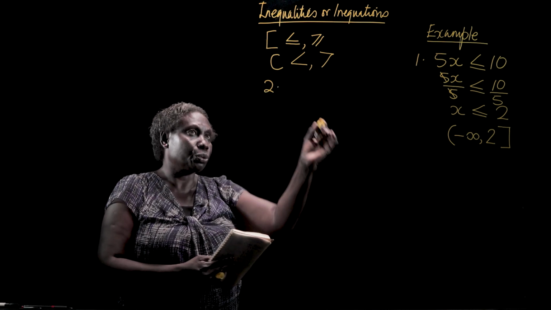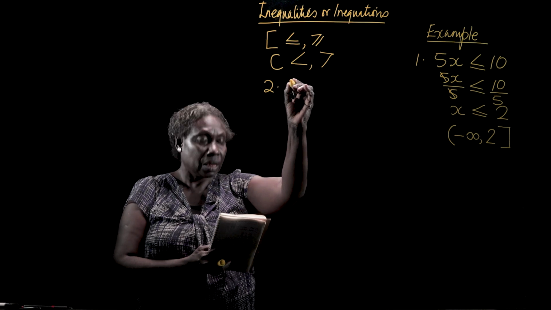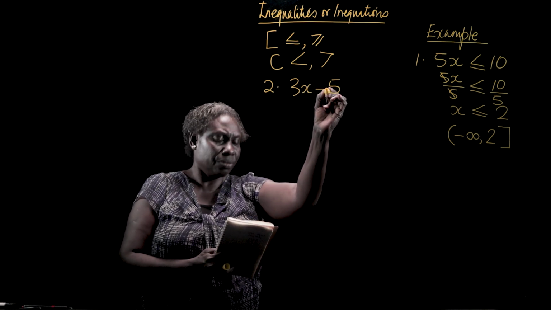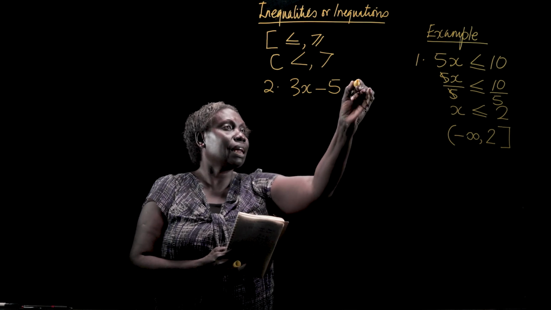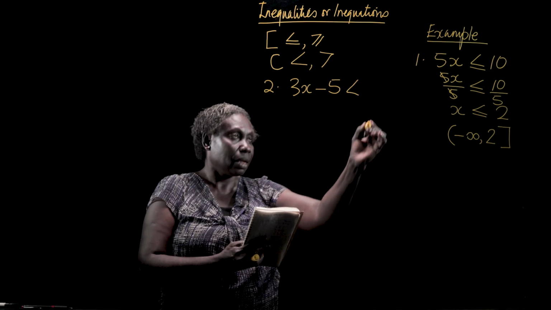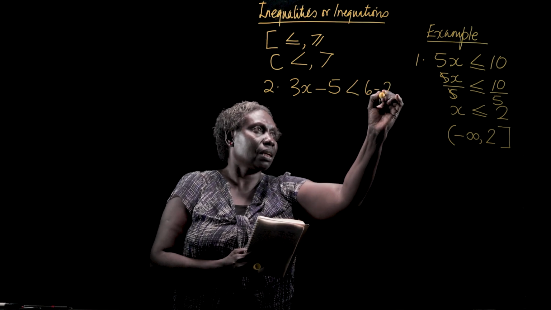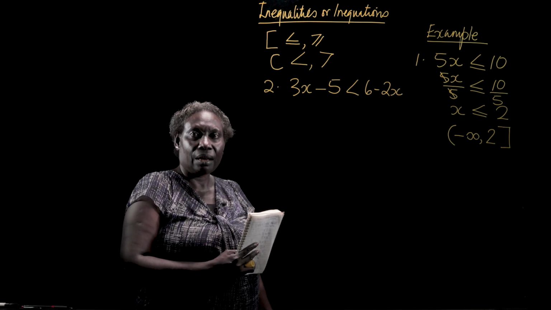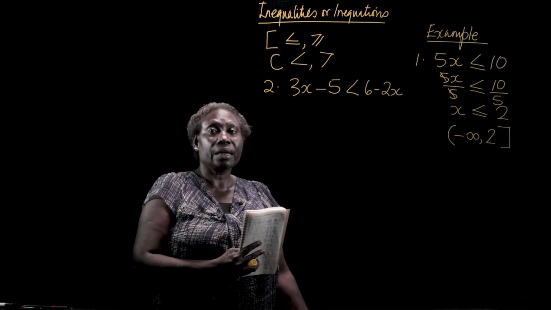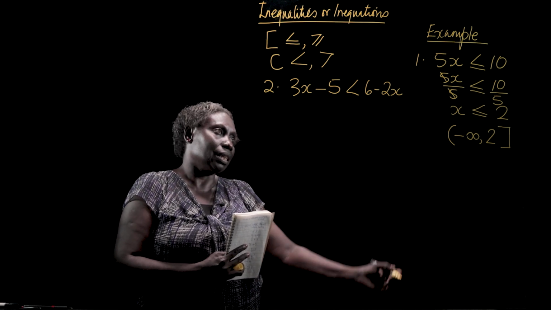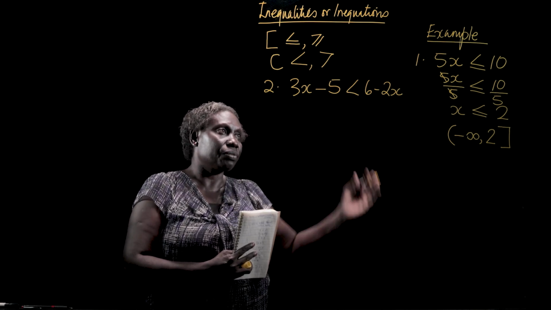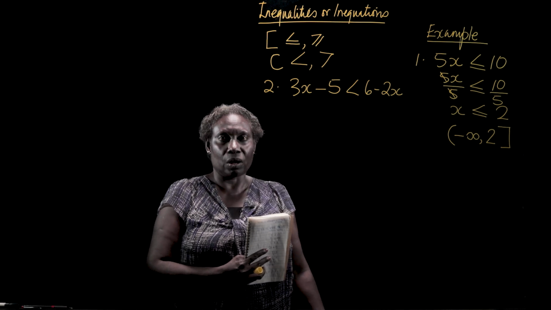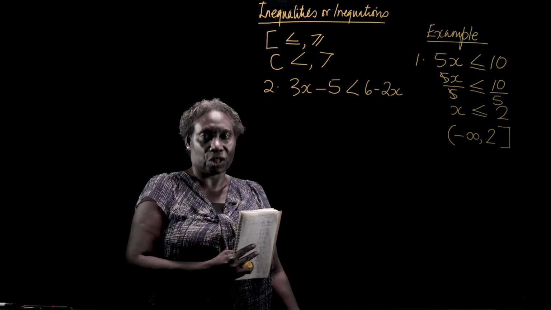For example 2, we have 3x minus 5 is less than 6 minus 2x. Again, this is a linear inequation or inequality. So we are going to solve this like what we do when we are solving normal linear equations.